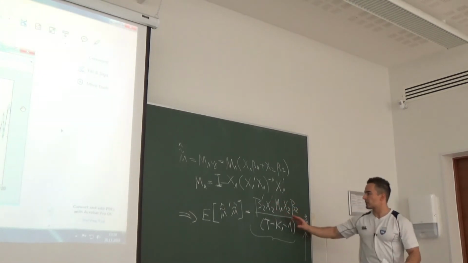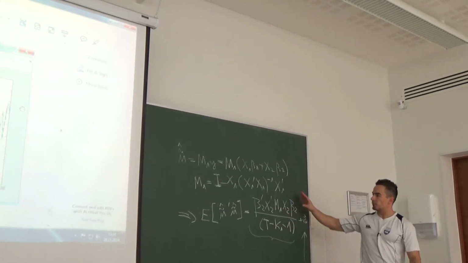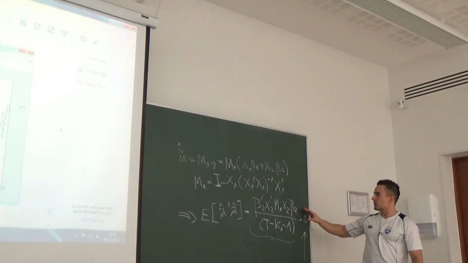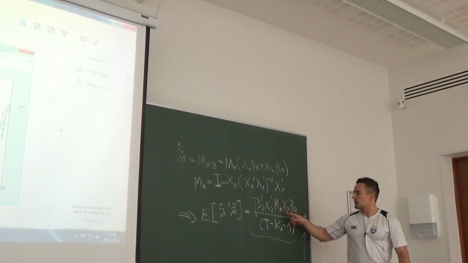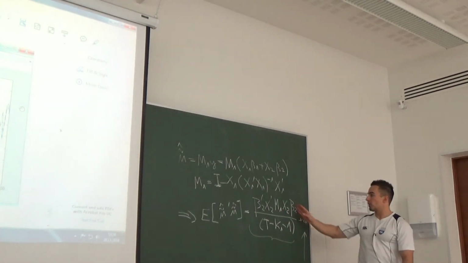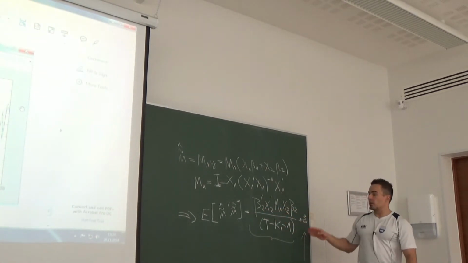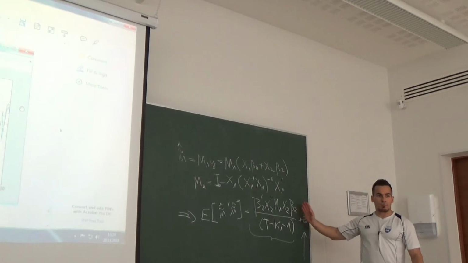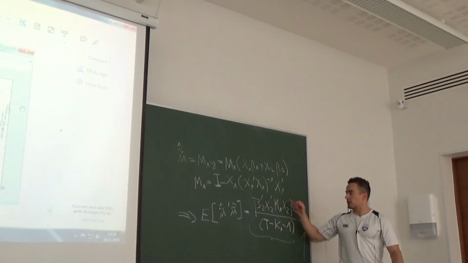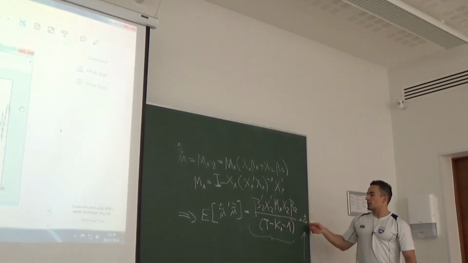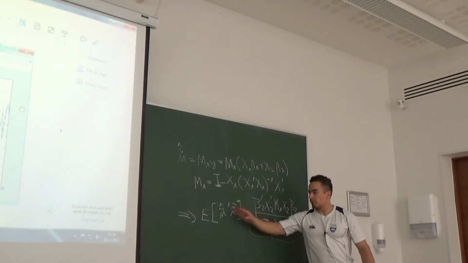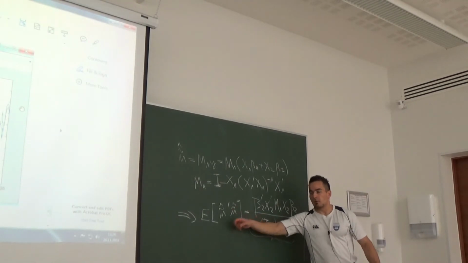Because what we get here is something like a quadratic term. This is positive, because we multiply it with itself, with the same vector beta 2. Even if the elements could be negative, because we multiply it with itself, what we get here is positive. So our estimated residual variance is overestimated.